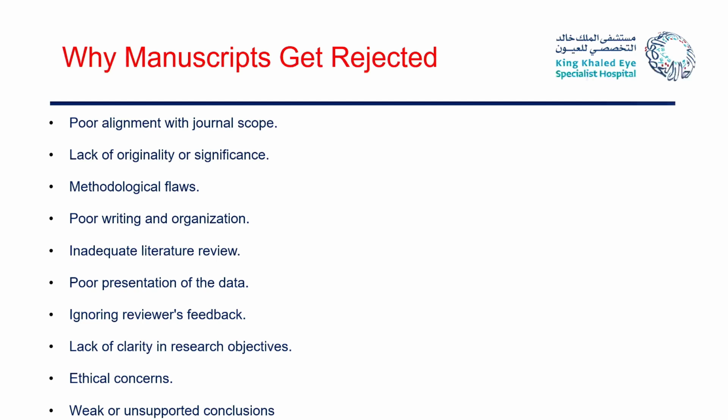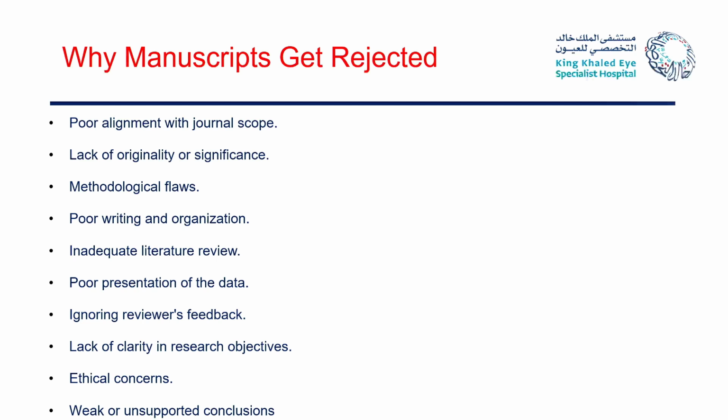Why do manuscripts get rejected? There are many reasons. Poor alignment with the journal scope, clearly. Lack of originality and significance: you are repeating science, you are not providing any new or novel findings. Problems with methodology.